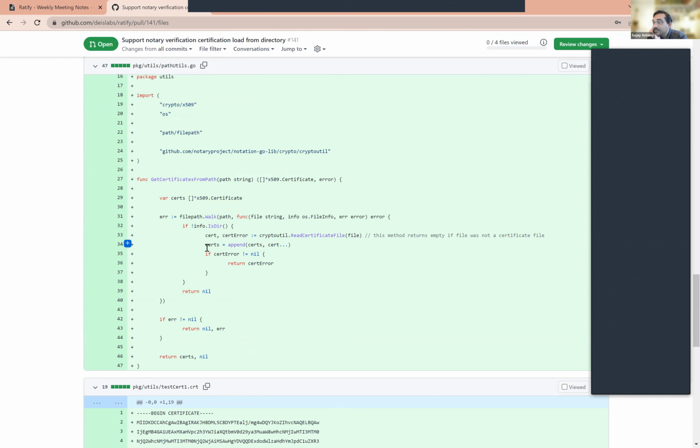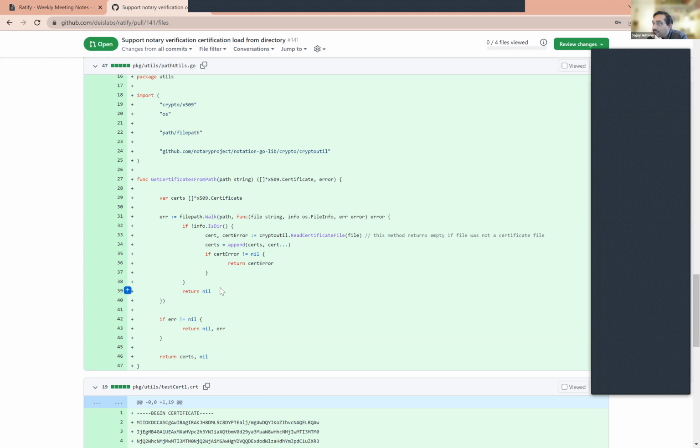Because there is an explicit step where the directory is configured or is a well-known directory, right? It's not something like a home directory, so it's fine. Yeah, so currently we read the certificate in, we append it, and if there's no certificate error, we go to the next file.